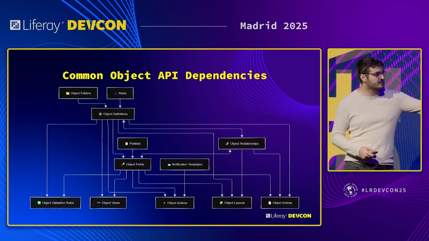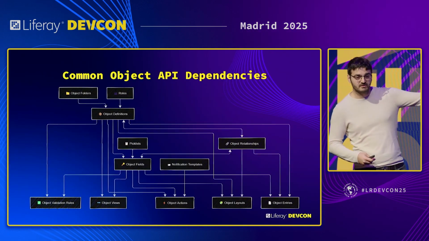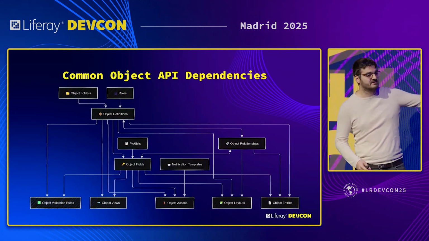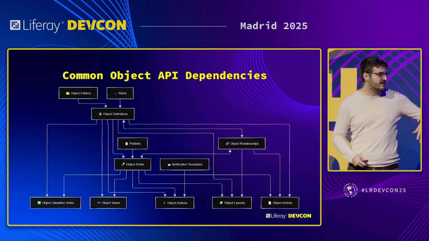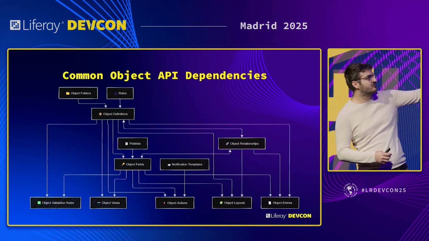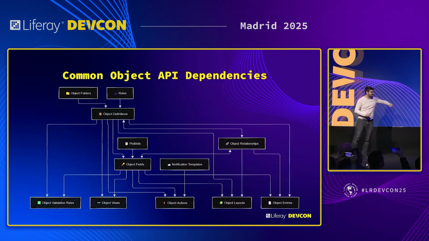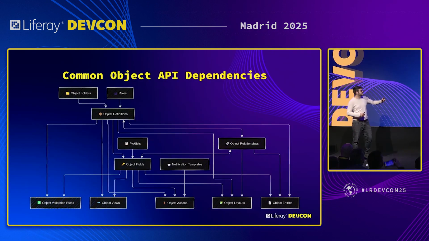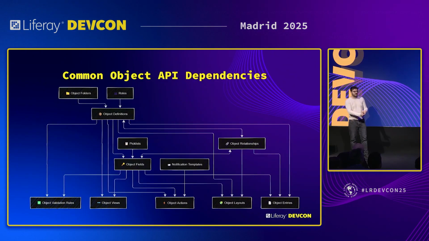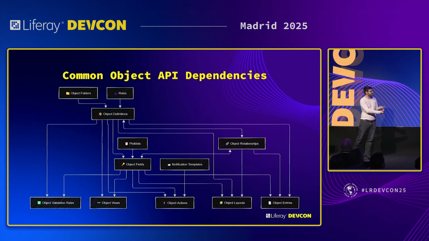And about dependencies that we have talked about, these are some common object API dependencies. This is just for objects. I have put some of the things that are related to objects, but we could add more even. And if we think about what we have seen this year, we can add here commerce.